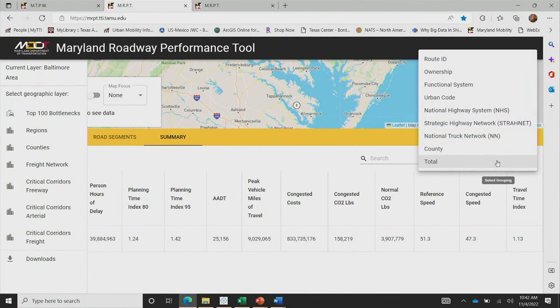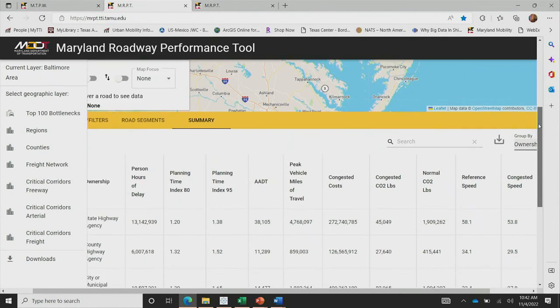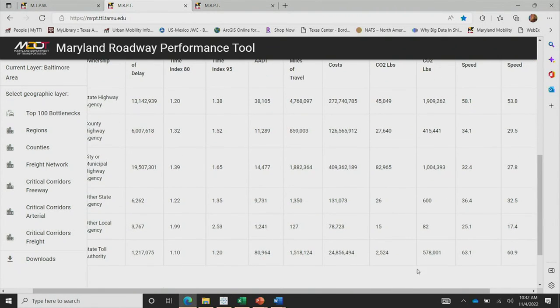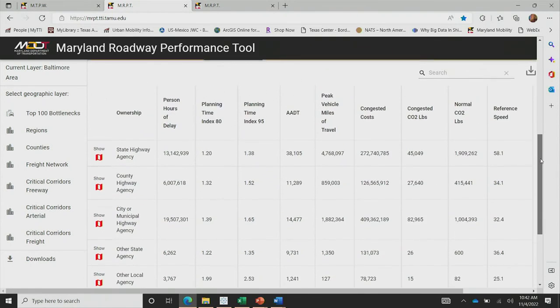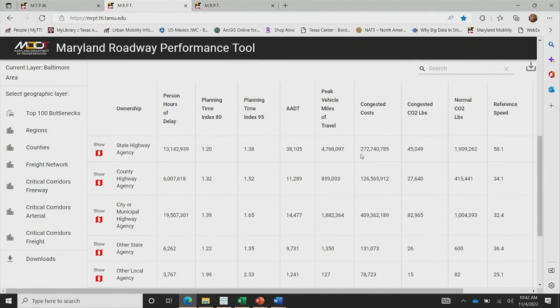Or you could group it by any of these other things. So route ID is the basic HPMS ID, but you could do it by ownership, and you could see the performance by ownership. So you can see that you have all these different owners on the side, and you can see the performance measures like person hours, all of these things by the different owners.